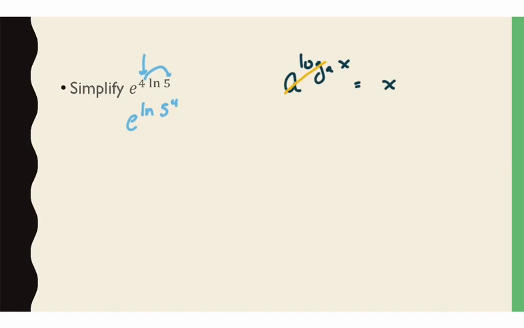But the good news is we have e and natural log right next to each other now, which means I am allowed to cancel. My answer will just be 5 to the 4th, which is 625. So very common mistake people make. They know there's some rule about canceling and they just get a little carried away with their cancel. But this is the correct way to do a problem like this.